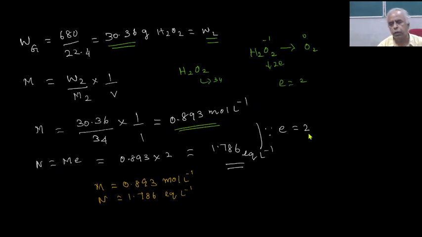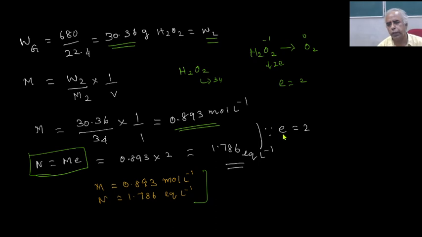And you should know something about the valency factor, because we have the equation relating normality and molarity. So normality is equal to molarity into valency factor. That is 0.893, the molarity we have got, into 2, so that you are able to get 1.786. So M is equal to this much and N is equal to this, this is the answer.